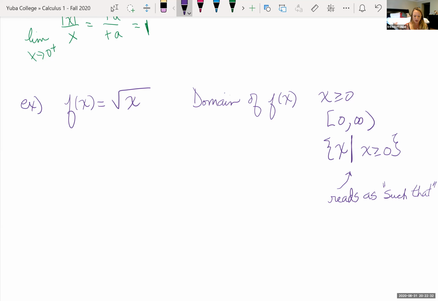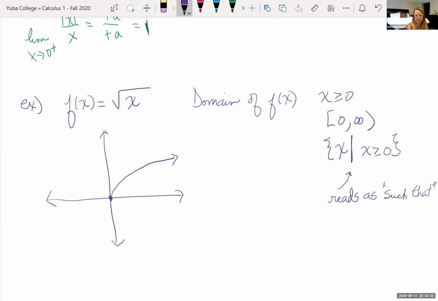And so if we graph this function, which hopefully you know how to graph, you're going to have this kind of halfway parabola. Notice that the domain here, you don't have any piece of the graph that is less than 0.